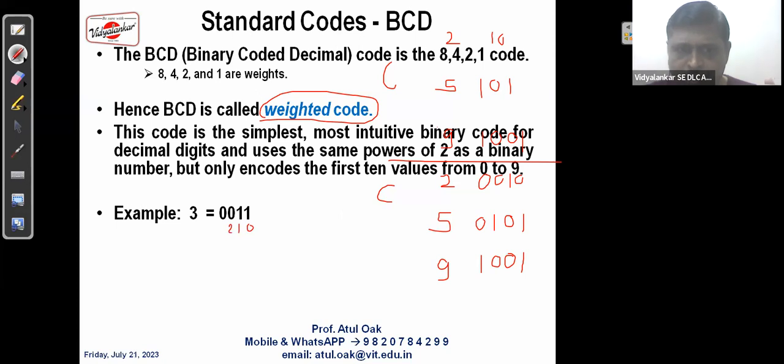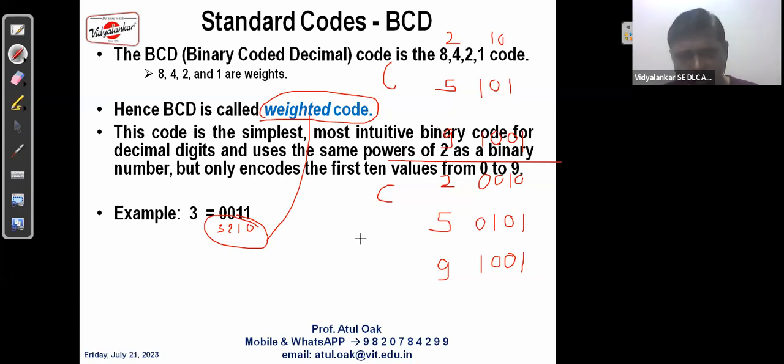You already know it. Around 2 hours before we started from here, if you remember. And because every bit has a position, like the LSB position is 0 and the MSB position is 3, because every bit has a position, this code is called weighted code.